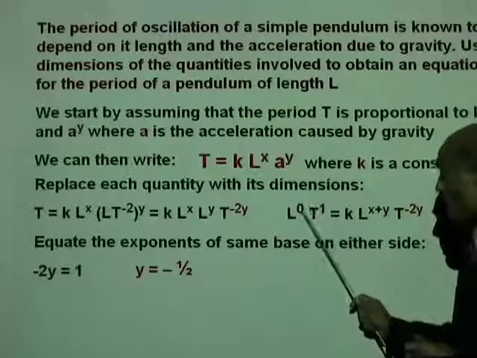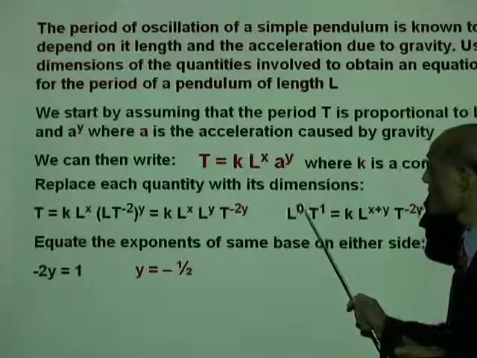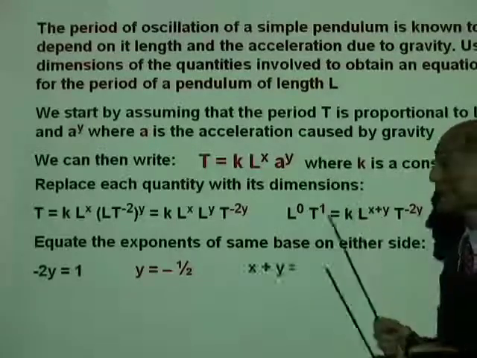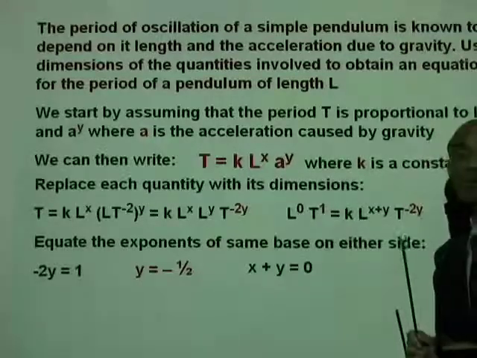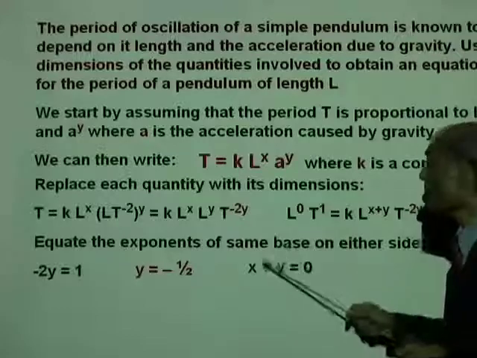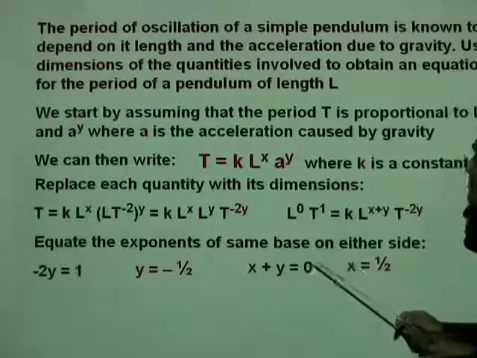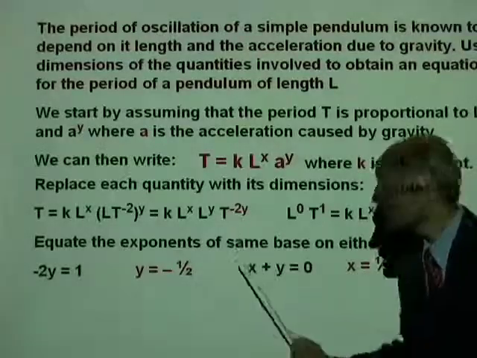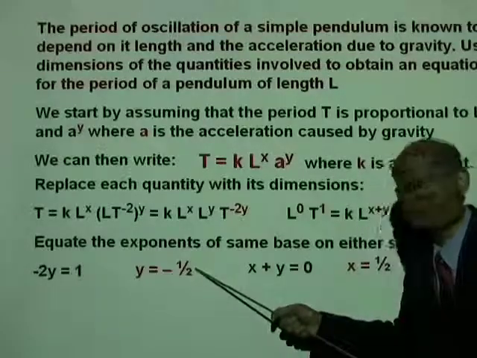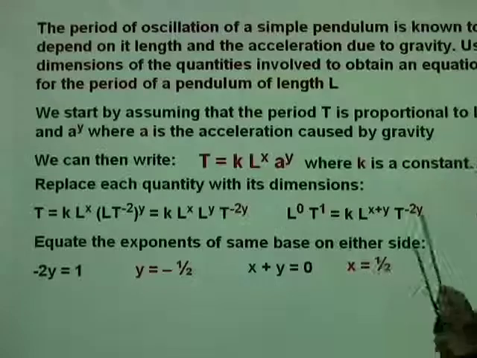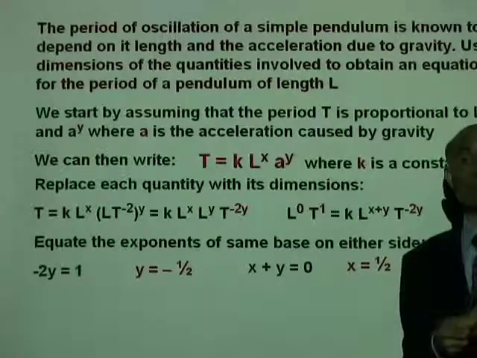Now, also equating the powers of L, we have X plus Y equal to 0. What does that mean? It means X equal to negative Y, but Y equal to negative 1/2. Therefore, X must be positive 1/2.